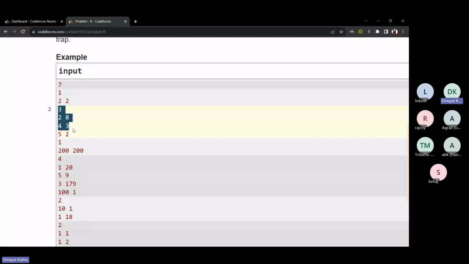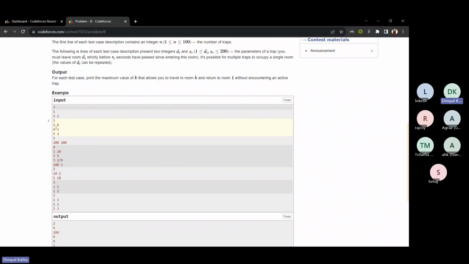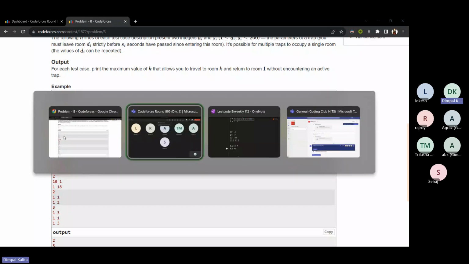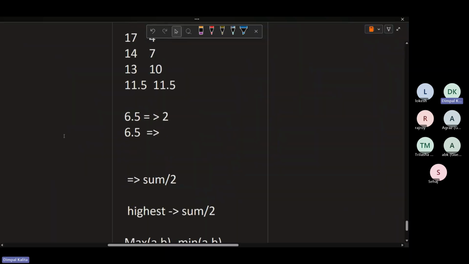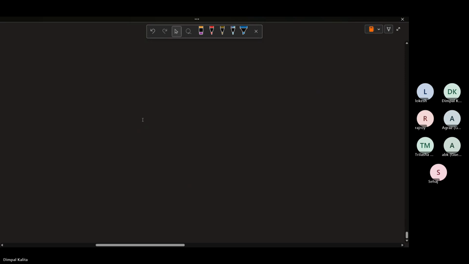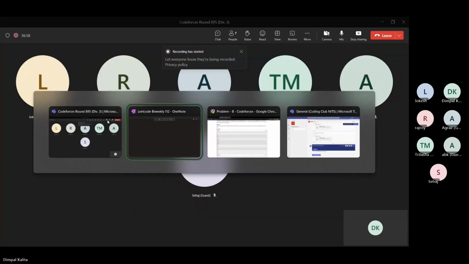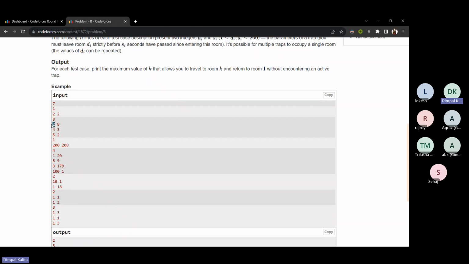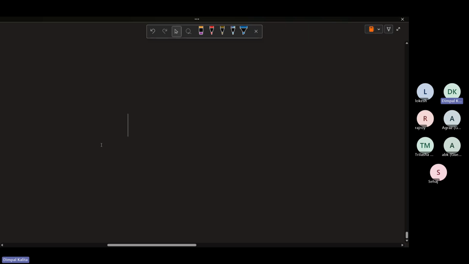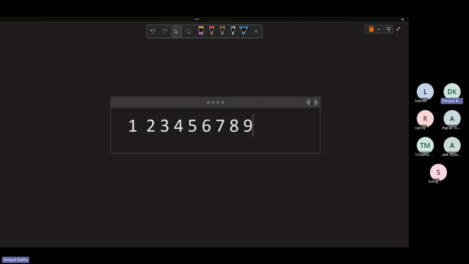Here we are given a series of traps. We have a trap at second position, on a number line 1, 2, 3, 4, 5, 6, 7, 8, 9.